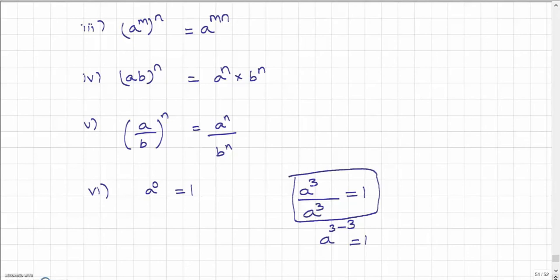A cube by a cube is equal to 1. So any number divided by the same number should give 1. Because you are writing in different format, it should not give you some other answer. Okay, so a power 3 minus 3 is equal to 0. A power 0 is equal to 1. So this is the reason why we say a power 0 is equal to 1, or any number to the power 0 is equal to 1.